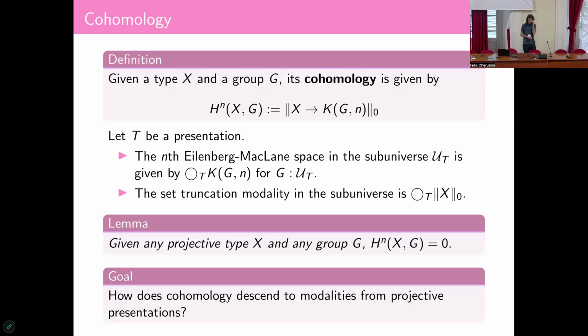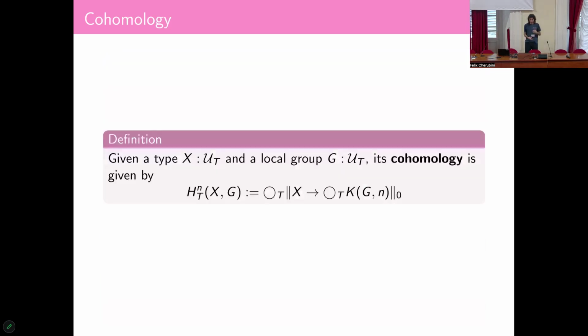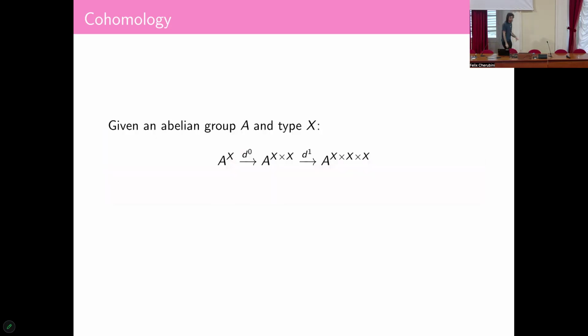So in the sub-universe, we want to know, how does cohomology descend for projective presentations? Well, why should we expect there should be some descent here? It's because we have local covers. I've already proven a kind of choice principle. So internally, we can now just define the cohomology in the sub-universe by applying sheafification everywhere we need to. And we can now write down a very easy condition to check whether the cohomology descends.